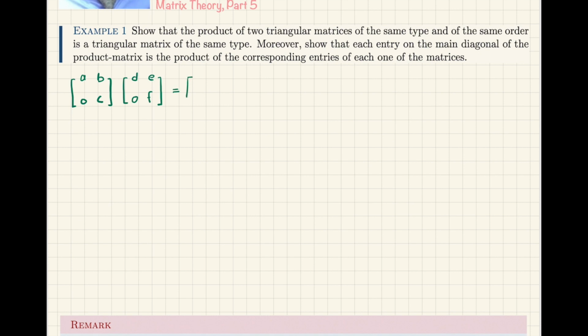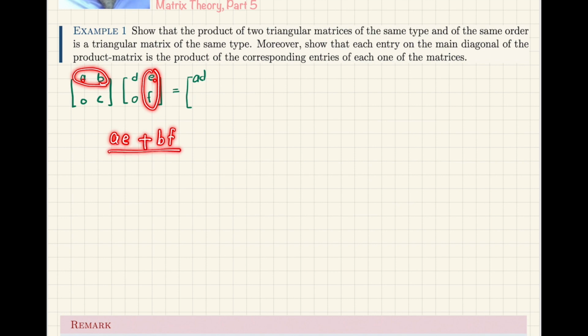Refreshing your memory, I take this row and multiply it by this column. I first multiply the first entries, it becomes D. I multiply the second entries, it becomes 0. I add them, it becomes D. Now I go to the next one. I take this row and multiply it by this column. I have to multiply A by E, and B by F, and add them together.